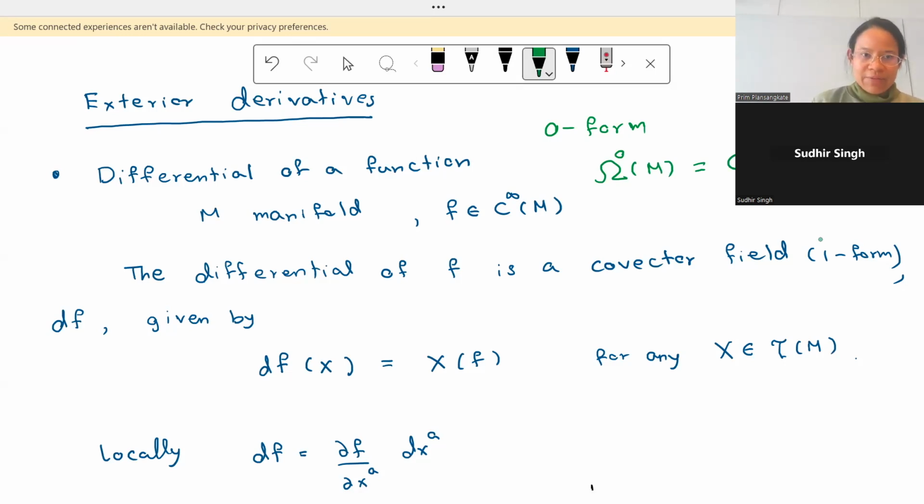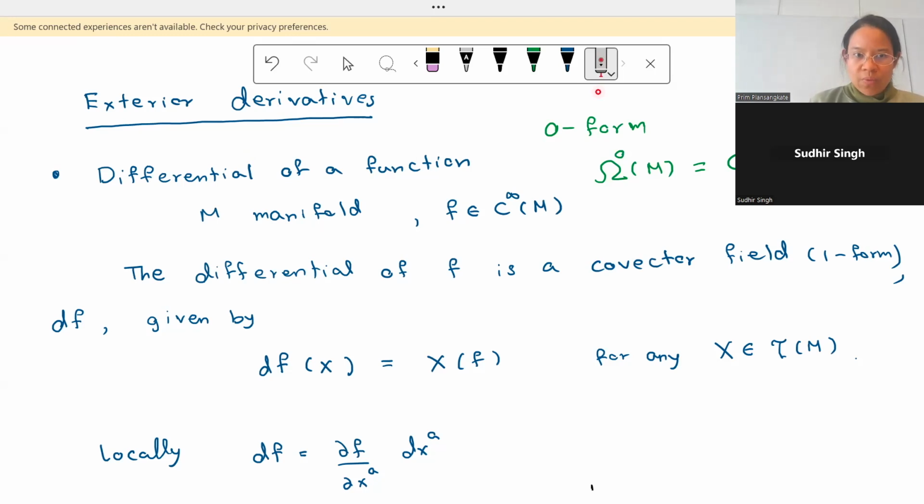Now, there is a differentiation of a function, so the differential of a function. We define it like this. On a manifold, suppose f is a smooth function, then we define the differential of the function to be a covector field, or one form, denoted by df, like this. And we define it by this equation.